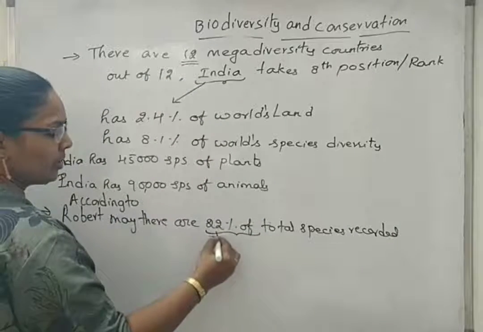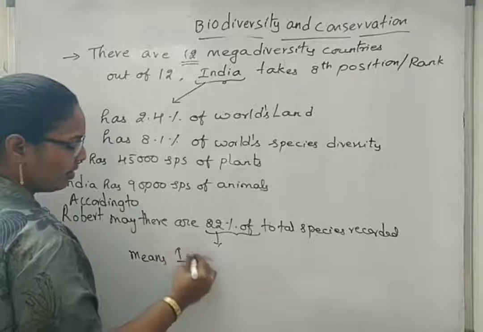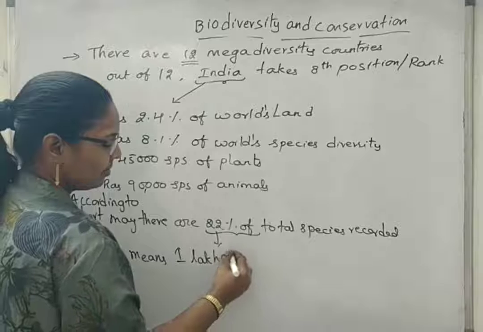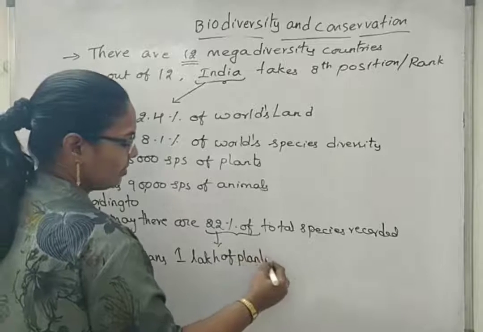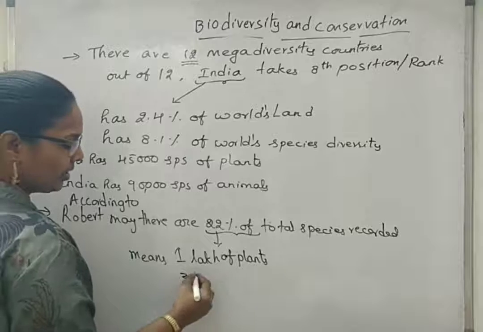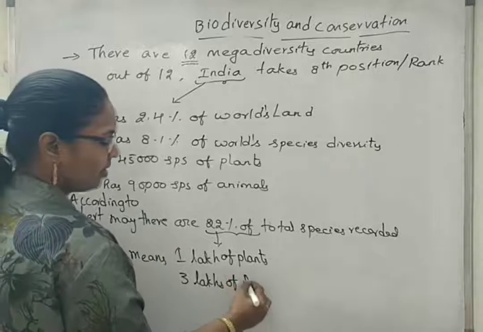This 22%, in lakhs, means 1 lakh of plants and 3 lakhs of animals, meaning both vertebrates and invertebrates. 3 lakhs of animals.